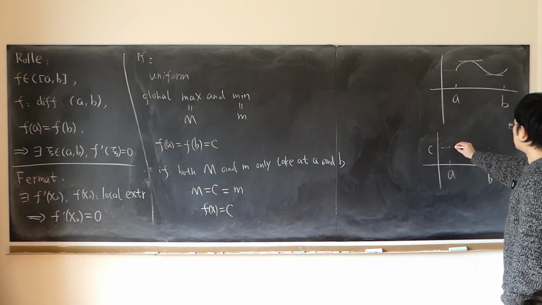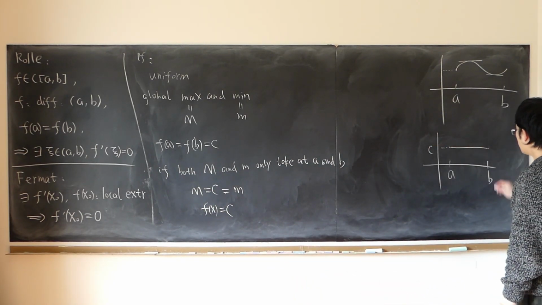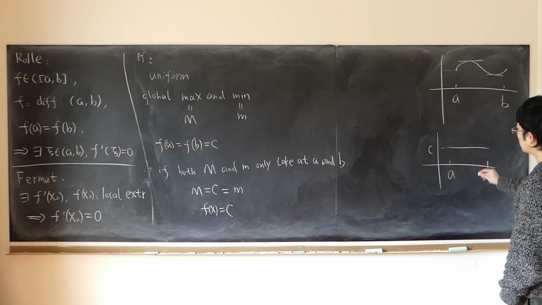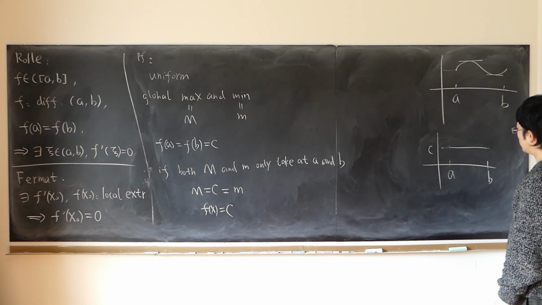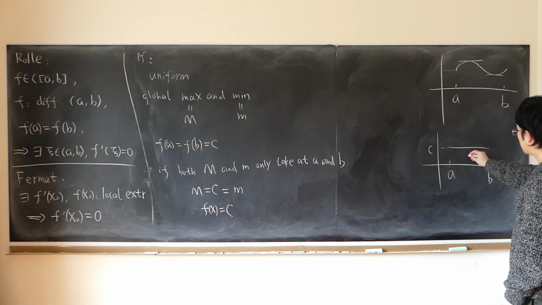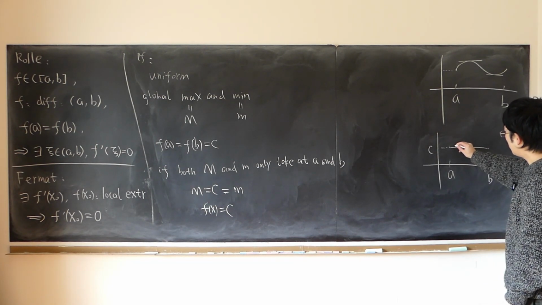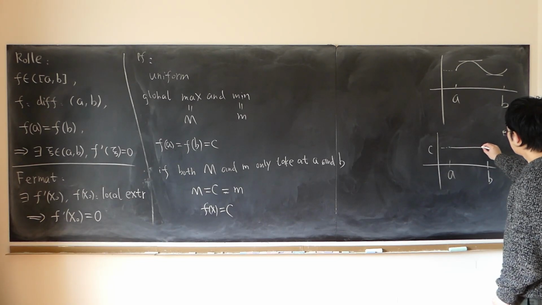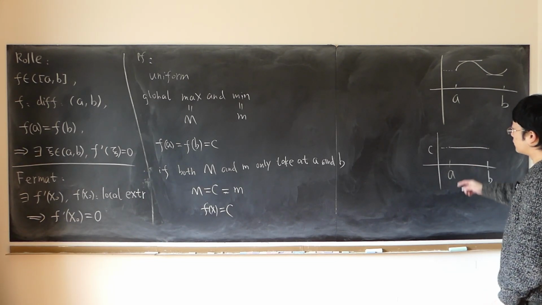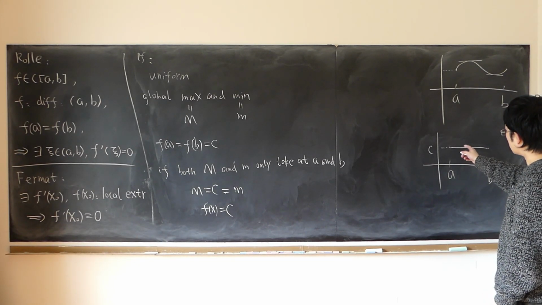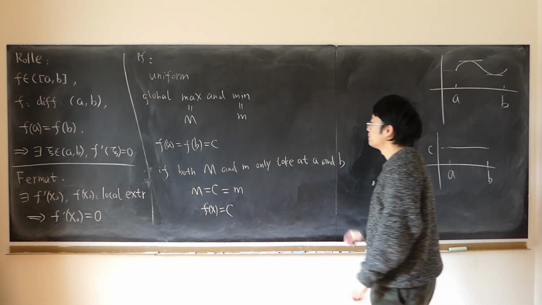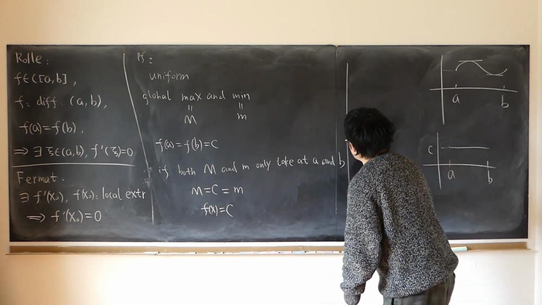In that case, do we have a point in the open interval whose derivative happens to be 0? I say obviously yes, because it's already a flat line. So every point has the property that its derivative is exactly 0.